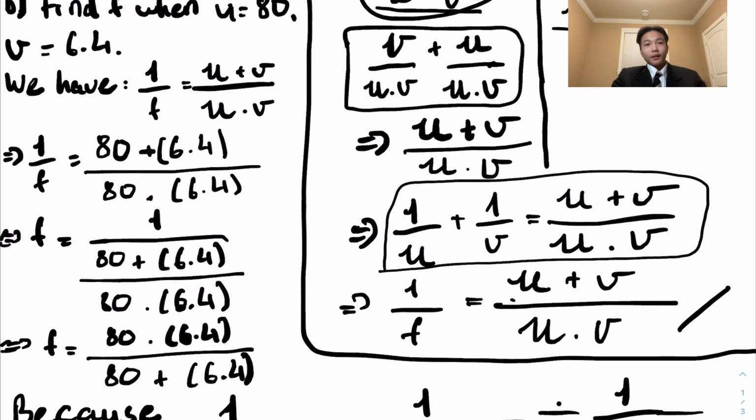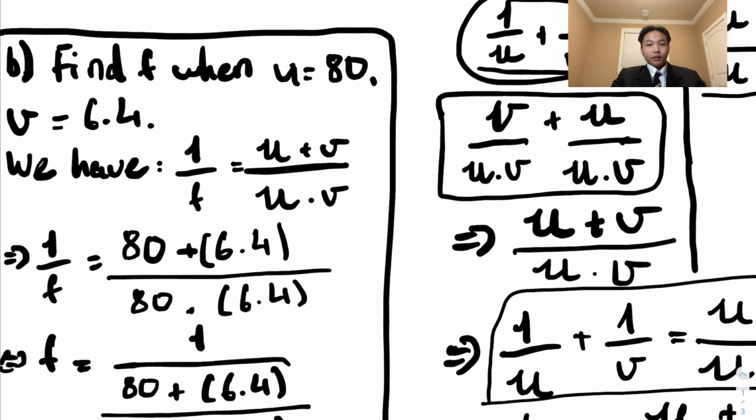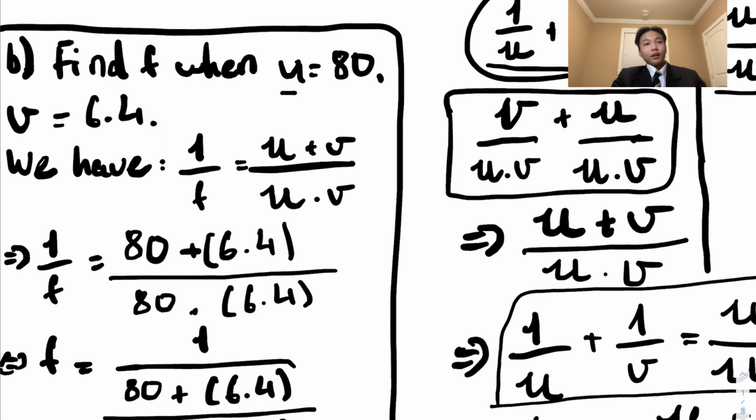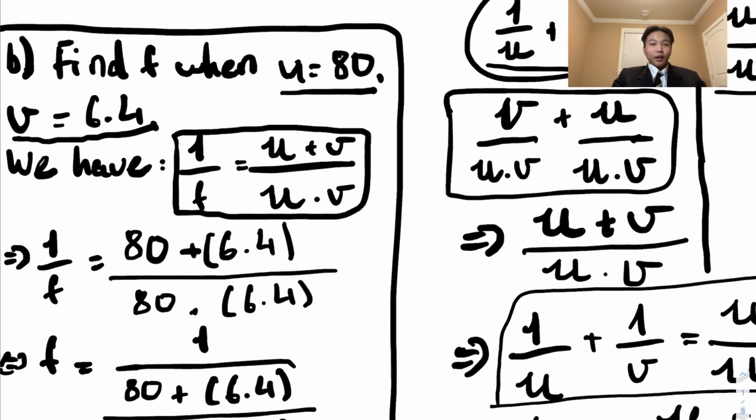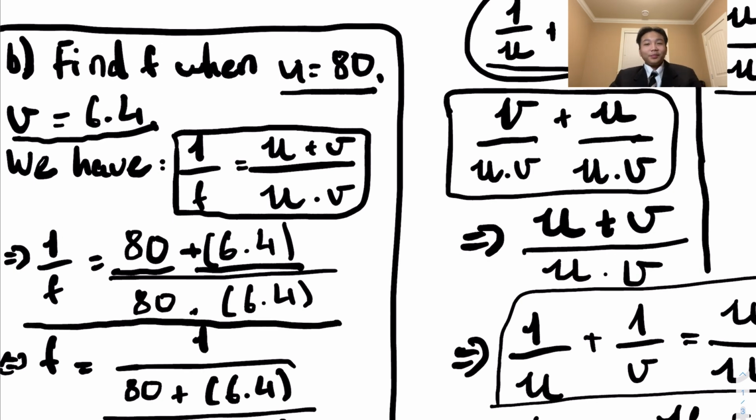And for part B, the question tells us to find the value of f when u equals 80 and v equals 6.4. Firstly, we already have the equation 1 over f equals u plus v over u times v. Therefore, we just need to replace u with 80 and v with 6.4. So we have 1 over f equals 80 plus 6.4 over 80 times 6.4.